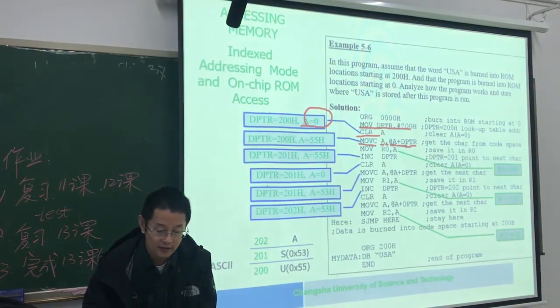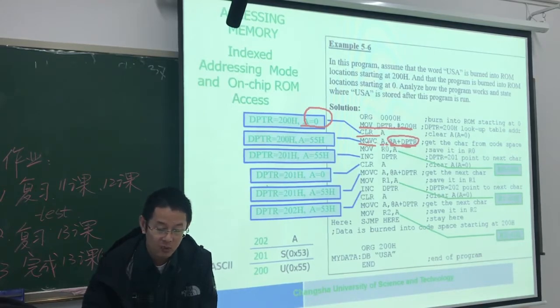So this just gets the DPTR 200H. Here it represents the address of the table.